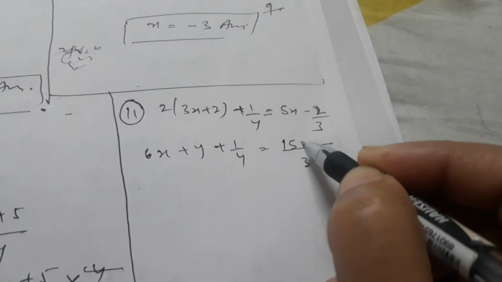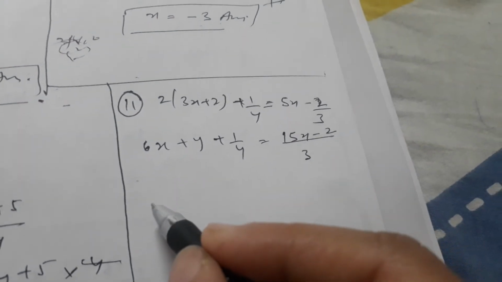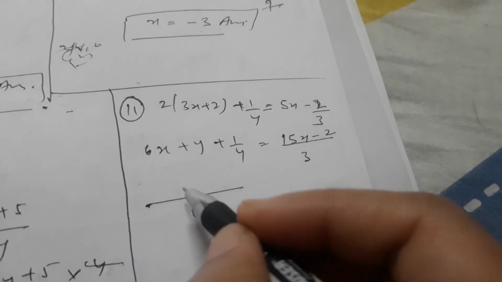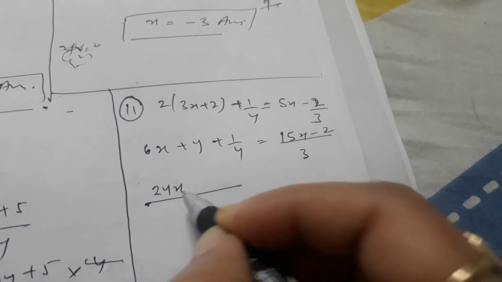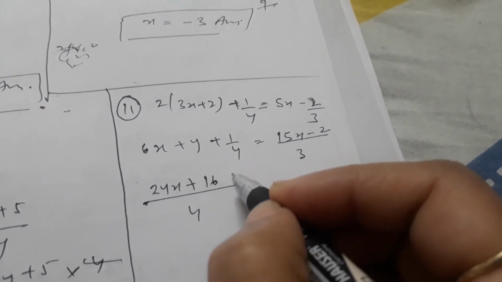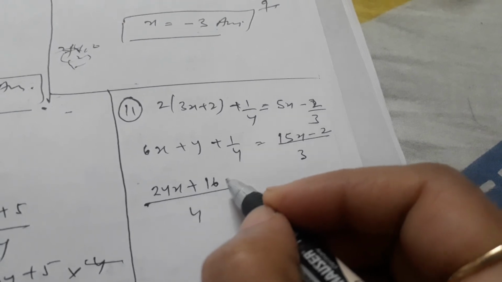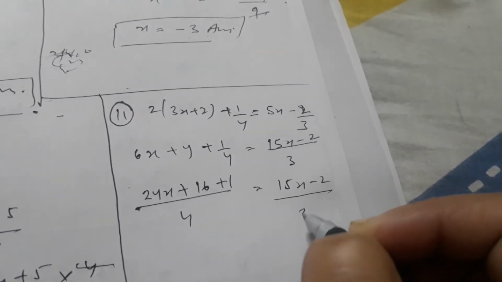So 5 threes are 15x minus 2. Now in our next step we will take the LCM of the left hand side also. So it will be coming out as 24x plus 16 and plus 1 equal to (15x minus 2) by 3.